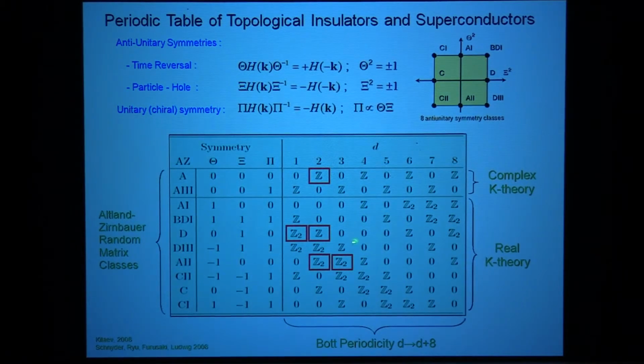Class A2, I think that's under control. Now there are other ones. For instance, you could imagine having superconductors that have spin rotation, that don't have spin-orbit.